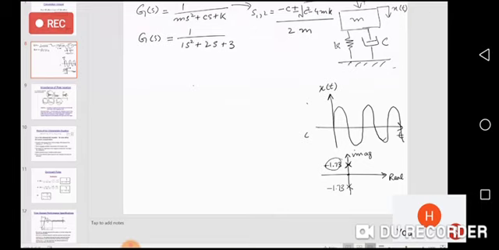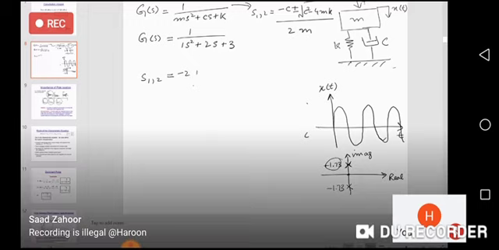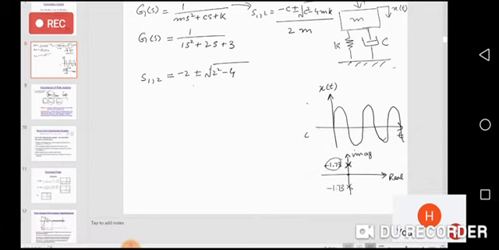Now the poles S1,2 will be equal to -2 plus minus the square root of 2 square minus 4 into 1 into 3, divided by 2 into 1.